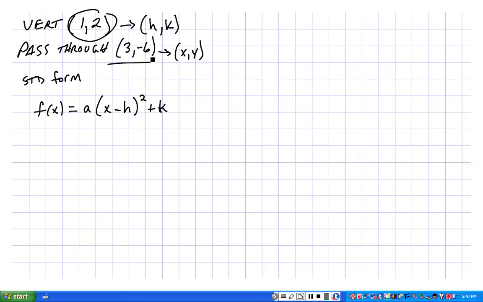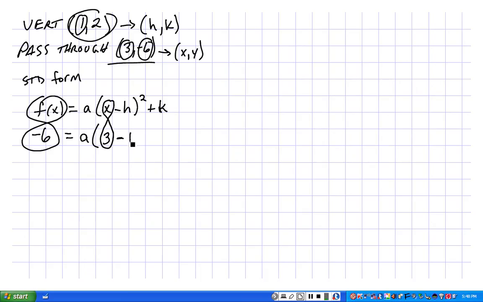Well, we have a y, and remember f(x) is the same as saying y. We don't have an a, so a is still unknown. We have an x, which is 3. We have an h, which is 1. And we have a k, which is 2.